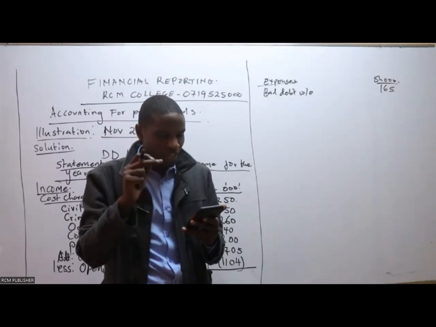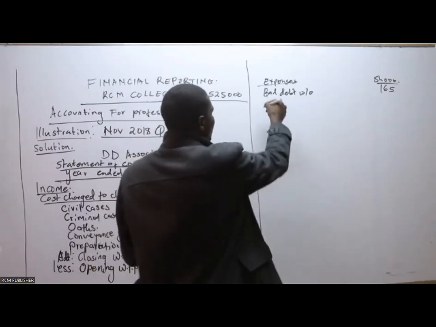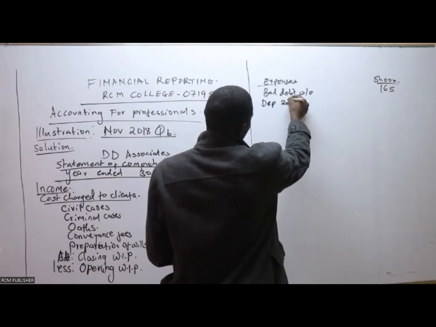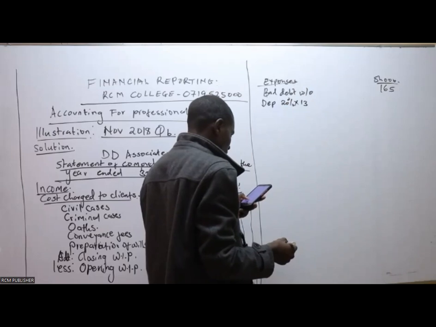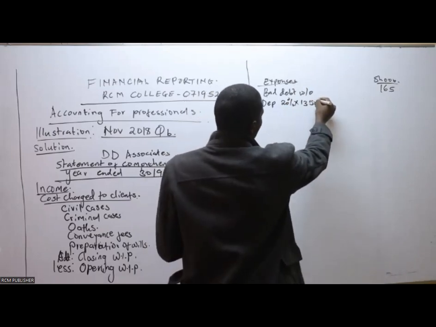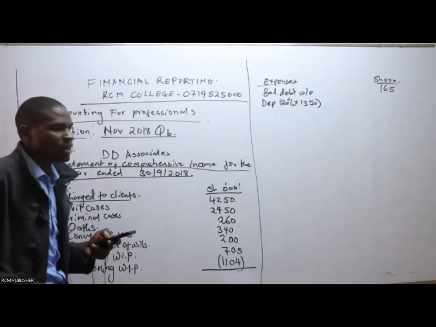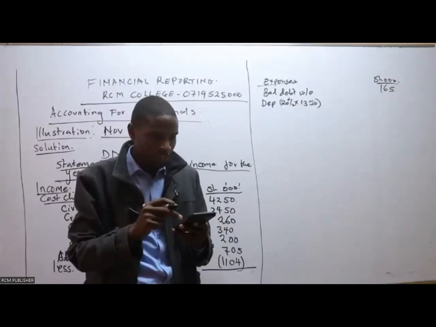Okay, we have 1350. Don't forget, depreciation of this item will be 20%. Depreciation is an expense of 1350. So how much does that give you? Someone with a calculator can really assist us on that.